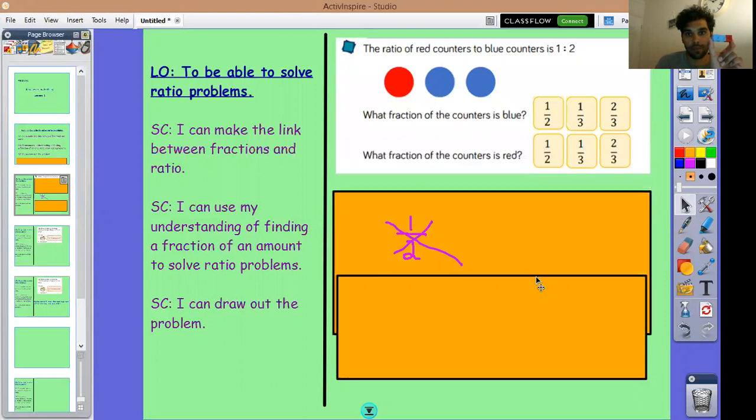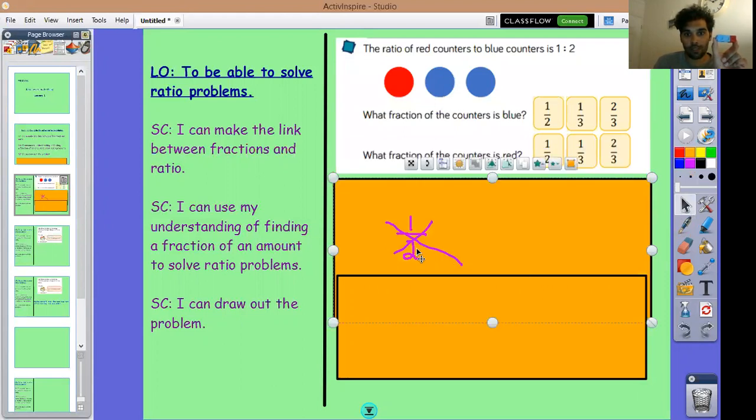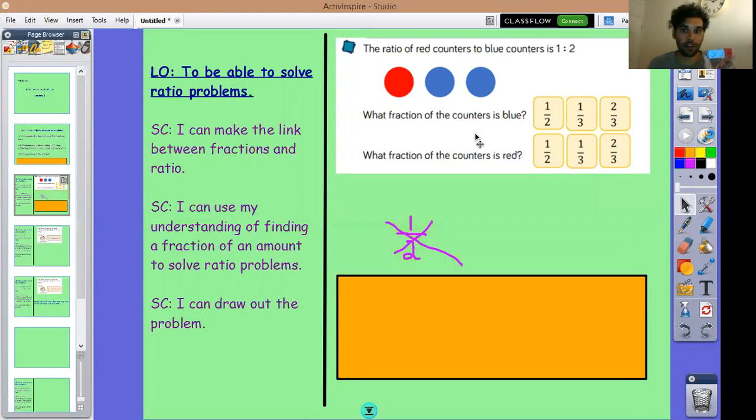So what fraction of the counters is blue? And what fraction of the counters is red? Okay, if you're really thinking about it, let's have a look.